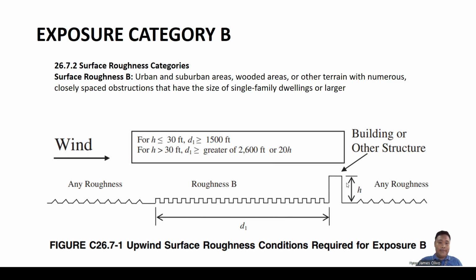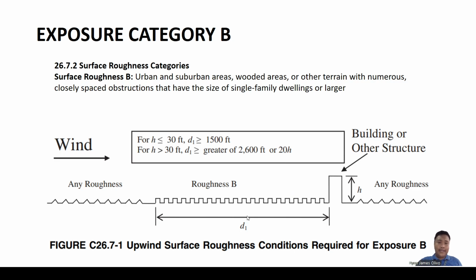And if the height of your building is greater than 30 feet, the distance of roughness B should be greater than 2,600 feet or 20H, whichever of them is higher. If D1 is lesser than both of these, then it cannot be considered exposure category B.